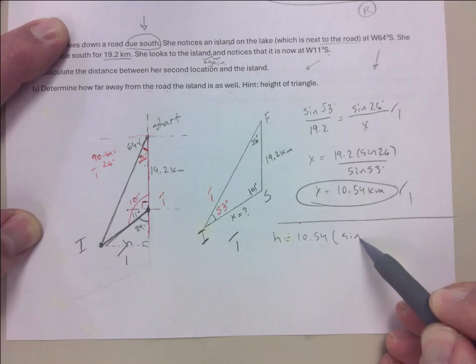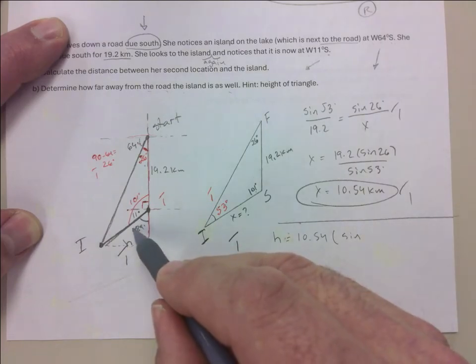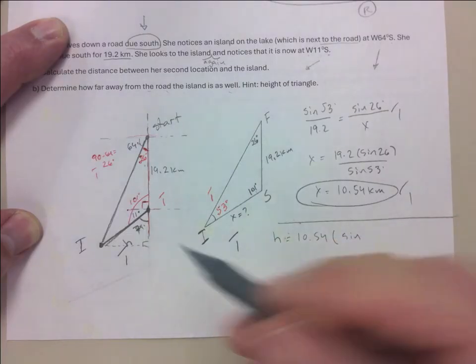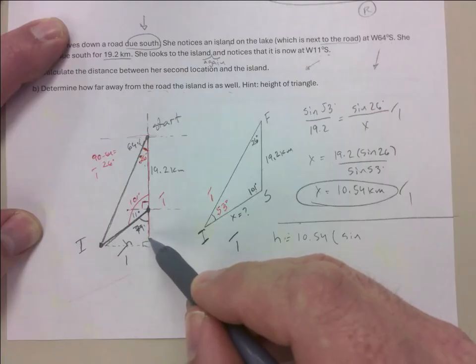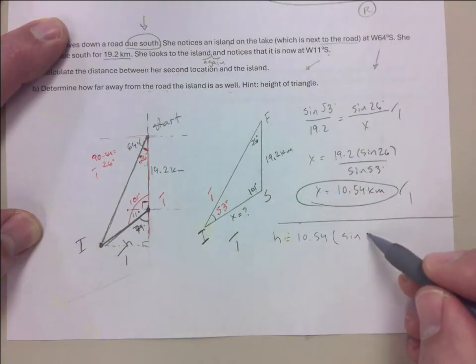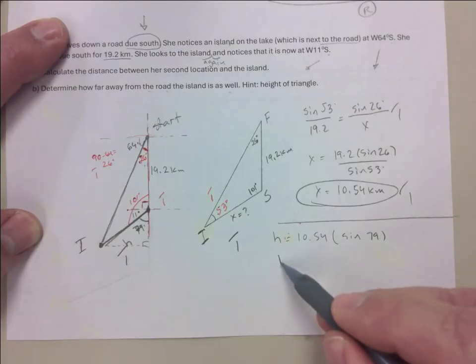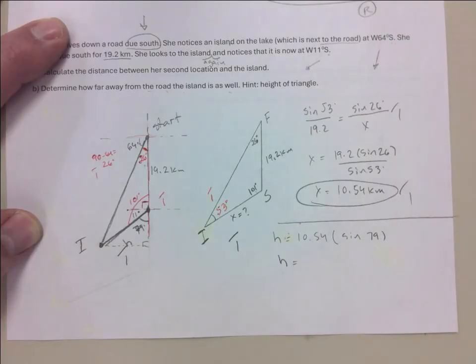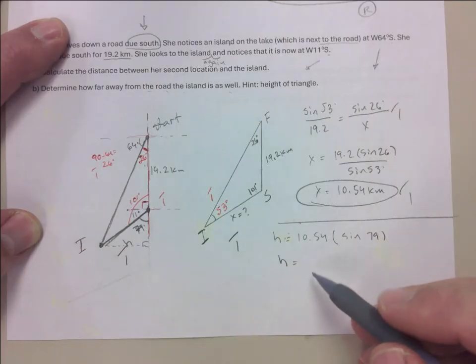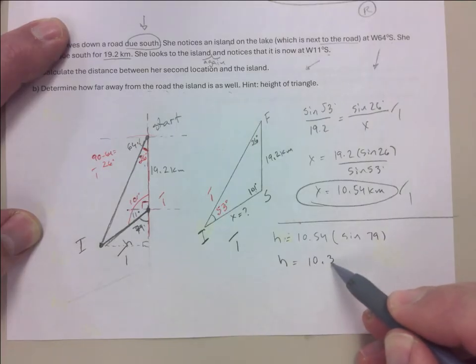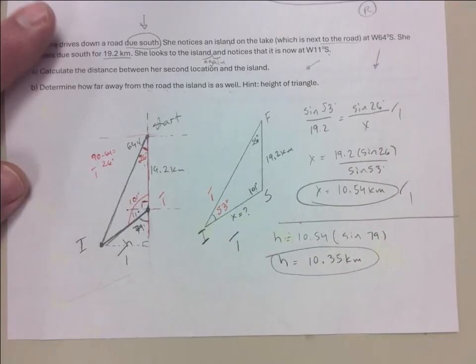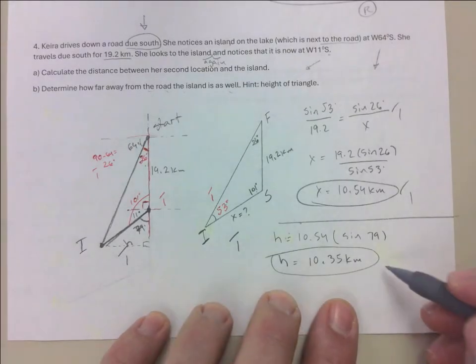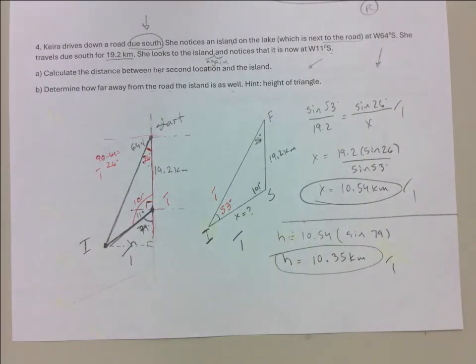No, it's not 89. Mr. Dirksen, wake up. I need coffee. 101 plus 79 is 180. Sorry about that. Sine of 79. See, I don't even need to tell jokes. I just make them as I go, right? I just make mistakes. That's the joke of the day there. 10.35. 1 mark for that.